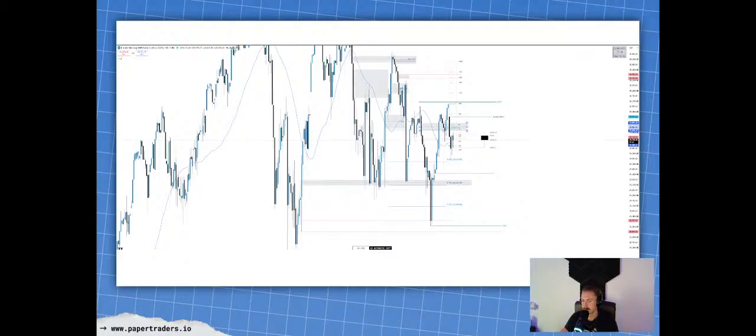We'll see what price wants to do around that area. If previous 4 hour high is displaced, then we are watching a continuation to the upside.